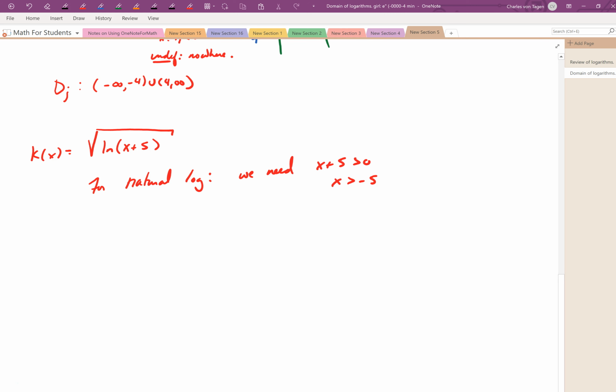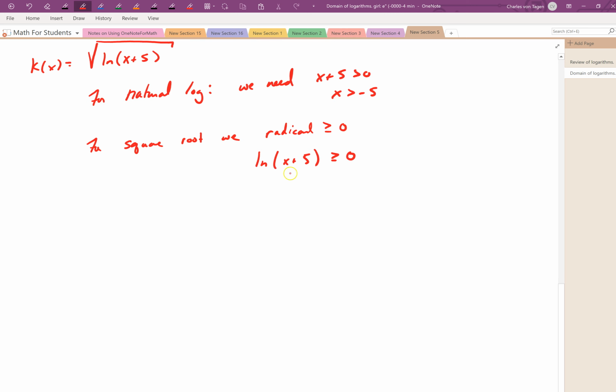But for the square root, we need the argument, the radicand, to be greater than or equal to 0. Well, if we need the radicand to be greater than or equal to 0, that means that the natural log of x plus 5 must come out to be greater than or equal to 0.